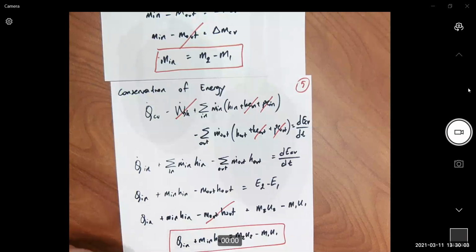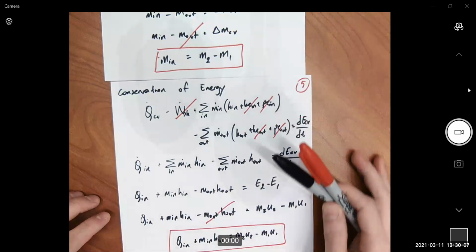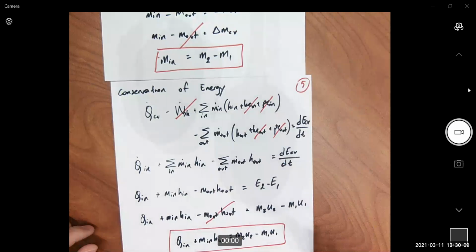If you are consistent with what you are doing with all these equations, there's no way you can make a mistake. You know how to replace it. That's another thing.